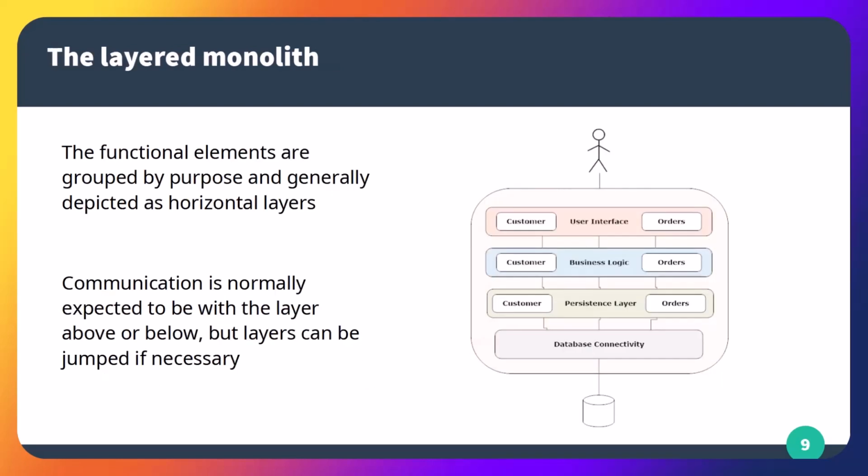The layered monolith has an organized structure, generally depicted as horizontal layers. The GUI is separated from the business layer, which in turn is separated from the database layer. All of the business logic for all processes will be in the business layer, and the same applies to the other layers. The diagram here does not show a complete list of possible layers, just an example.